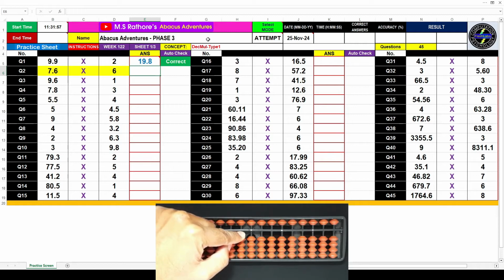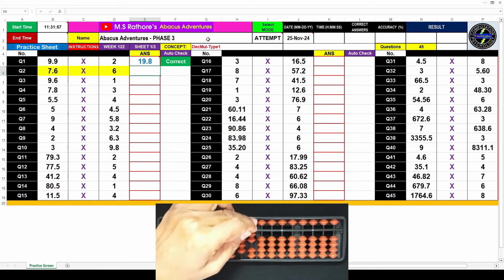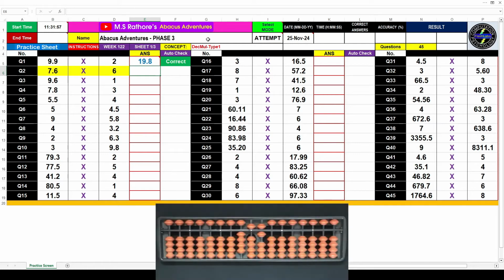So the question becomes 76 multiplied by 6, and the normal rules of multiplication apply here. From right to left, it is 6 7s are 42. Finger shifted. 6 6s are 36. And the answer is 45.6.